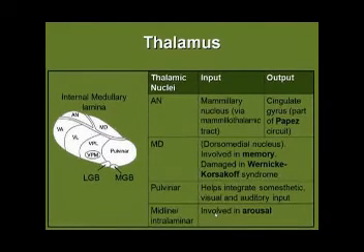Then, the secondary players, less well understood functionally, are the single nucleus that constitutes the anterior group, as well as the dorsal-medial or medial-dorsal nucleus that constitutes the medial group. Both of these thalamic nuclei are part of the limbic system and play some not well understood role in memory consolidation, our ability to take a newly learned experience and convert it into a short and then a long-term stored memory.